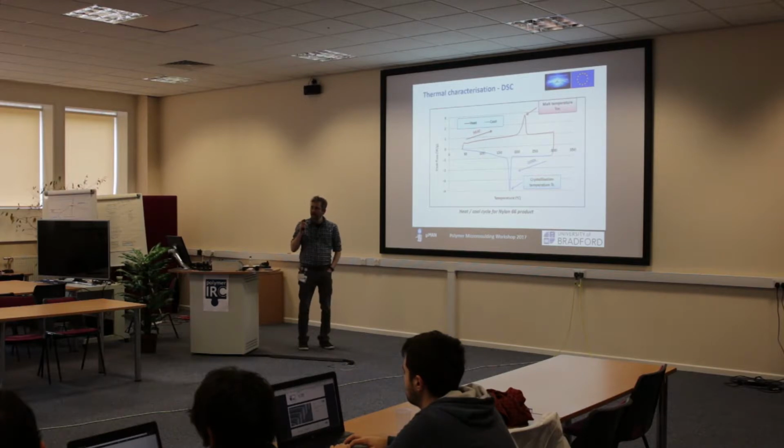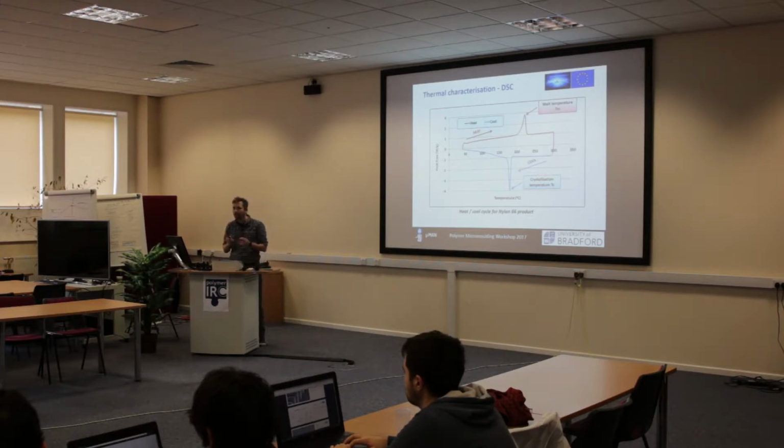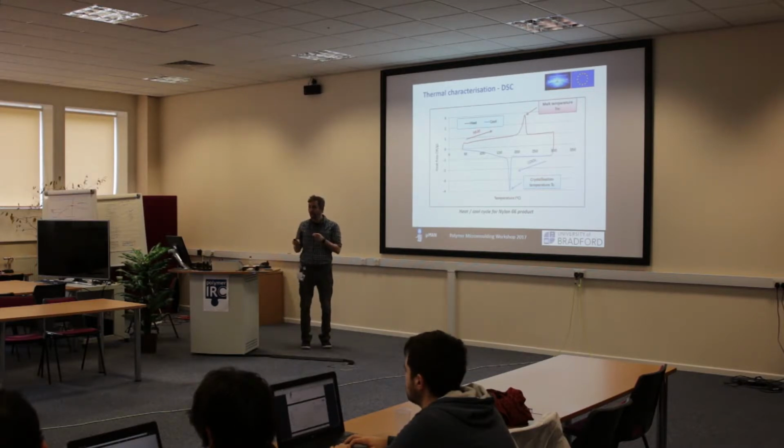If you know the enthalpy of a 100% pure crystal, you can work out a percentage of crystallinity of your part. Now I don't like that very much, because you get different crystal forms, and different crystal forms give you different 100% enthalpies.